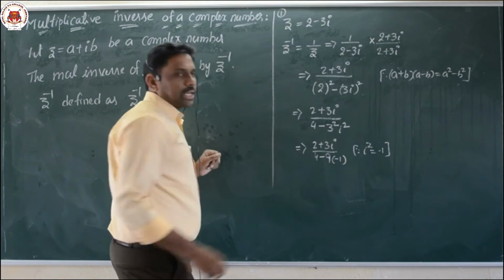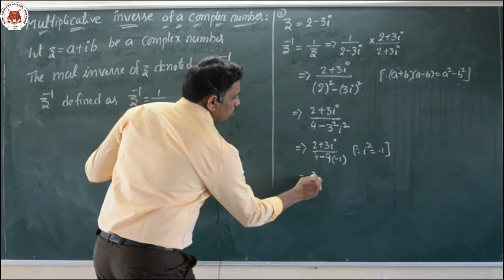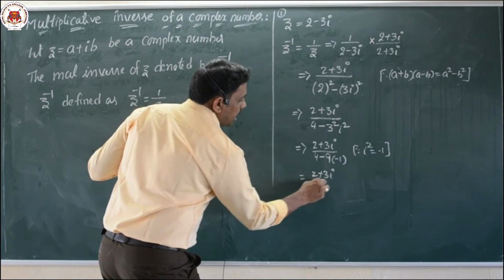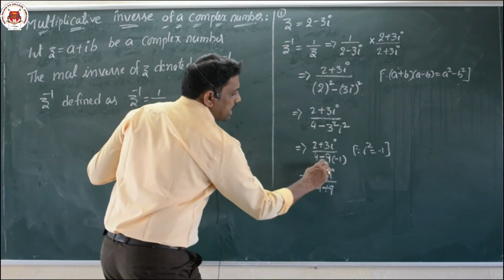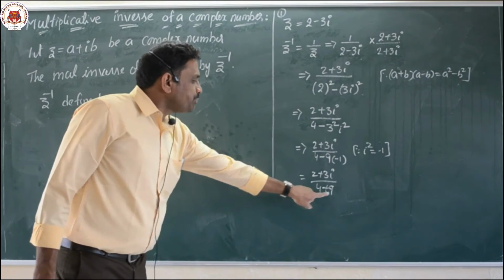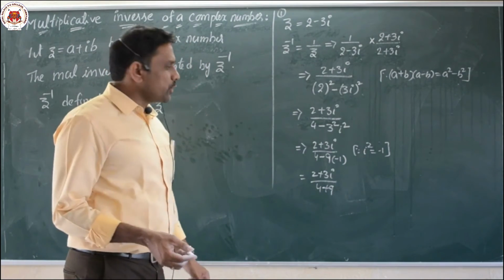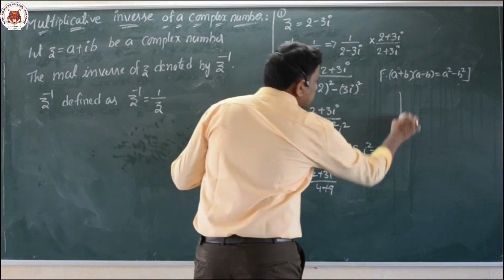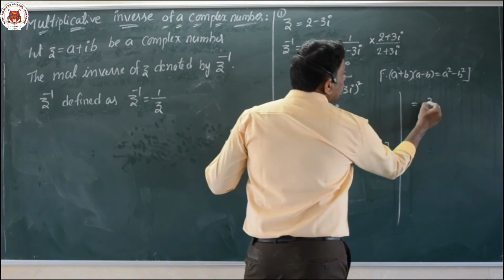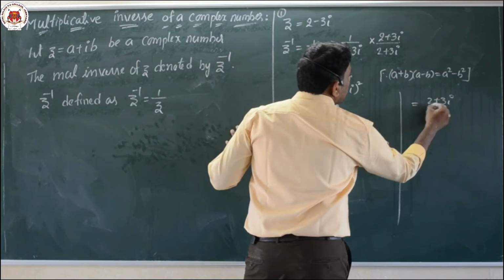Minus into minus is plus. So 2 plus 3i by 4 plus 9. 9 plus 4 is 13. So the answer is finally 2 plus 3i by 13.